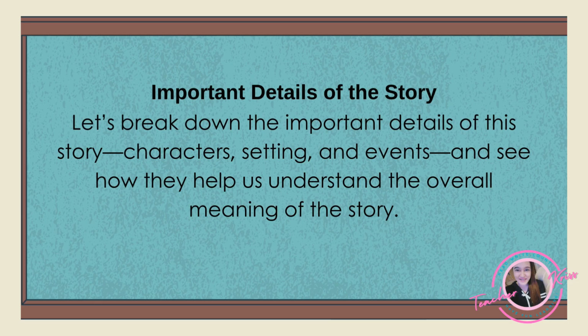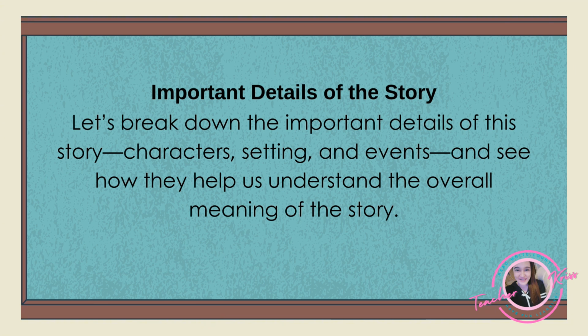So let's break down the important details of this story, characters, settings, and events, and see how they help us understand the overall meaning of the story. Okay, class. So yung kaninang binasa natin na story about kay Amira and Juan, ngayon, i-breakdown natin yung mga important details or yung mga importanteng detalye doon sa story tulad ng characters, settings, and events.